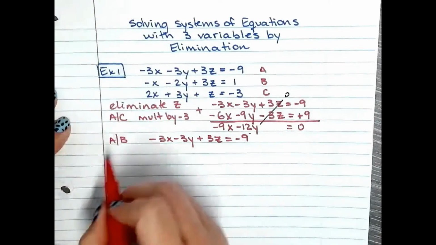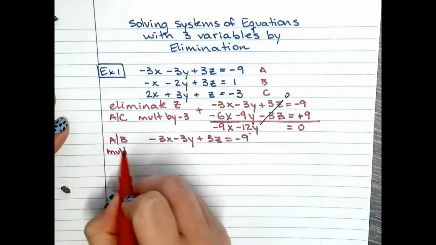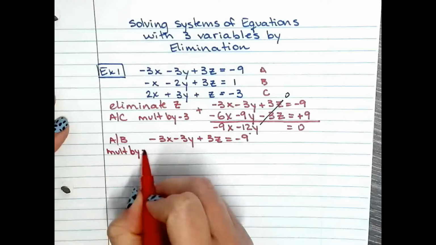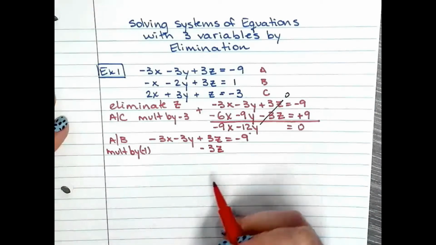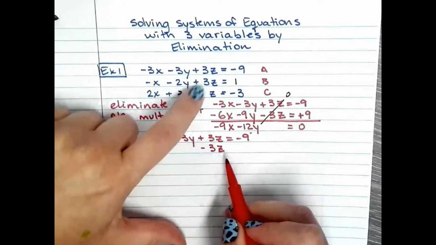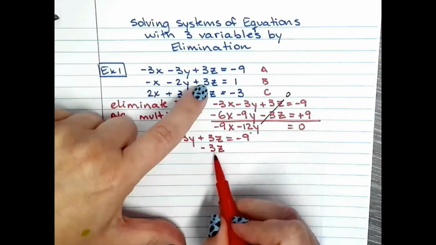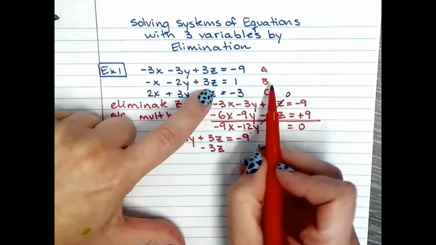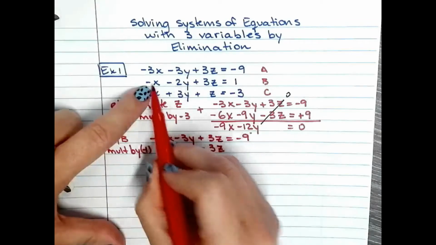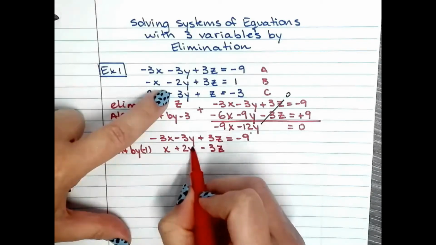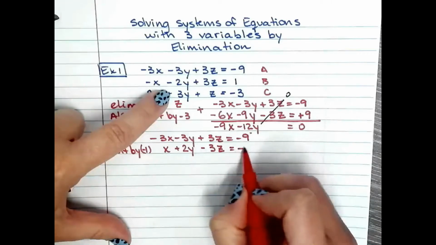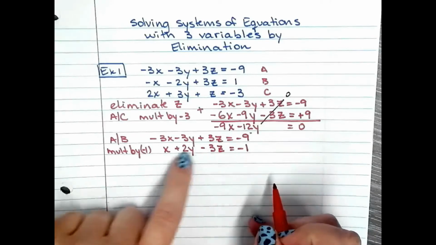If I simply multiply the B equation by negative 1, that will give us the negative 3z that we are looking for, and when I add them, I get 0. So go ahead and multiply the whole B equation by negative 1. And remember, when you're multiplying by negative 1, all it does is change everybody's sign.